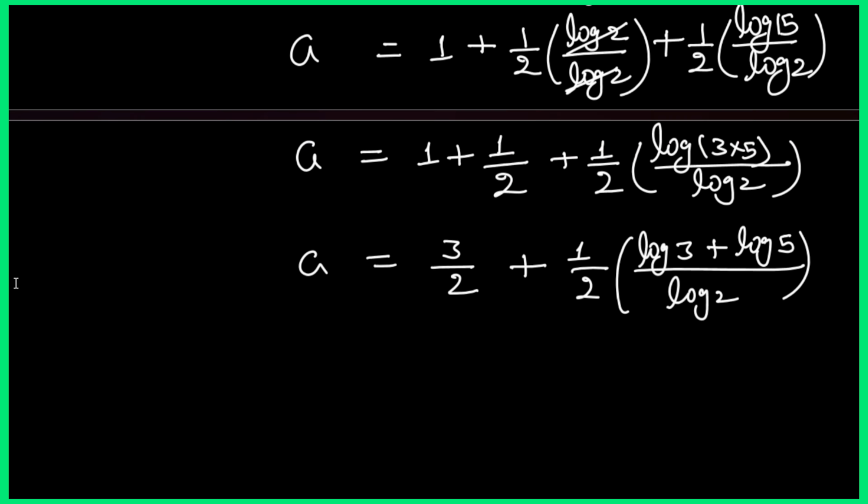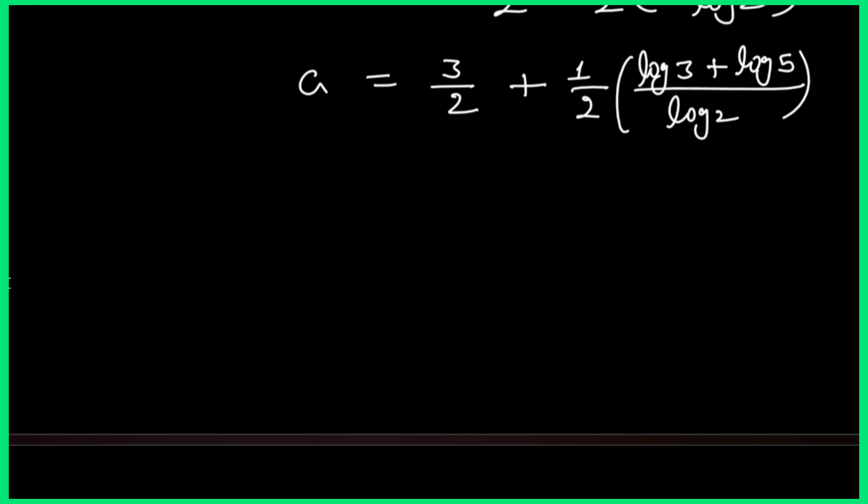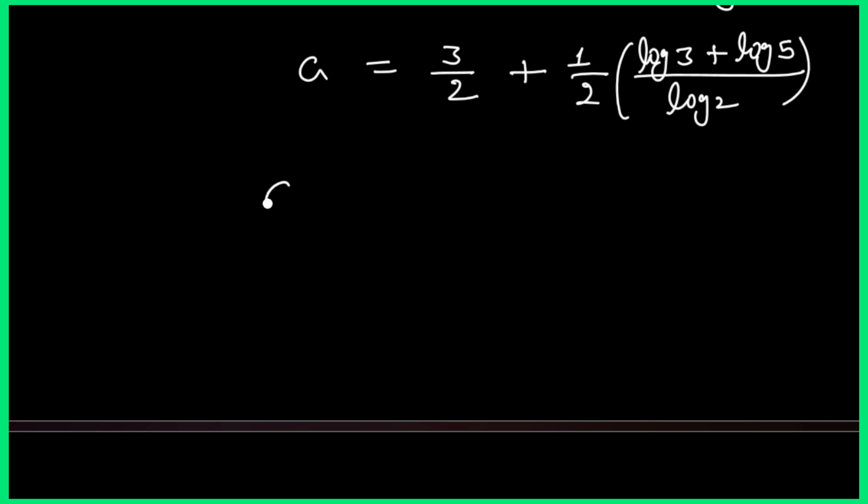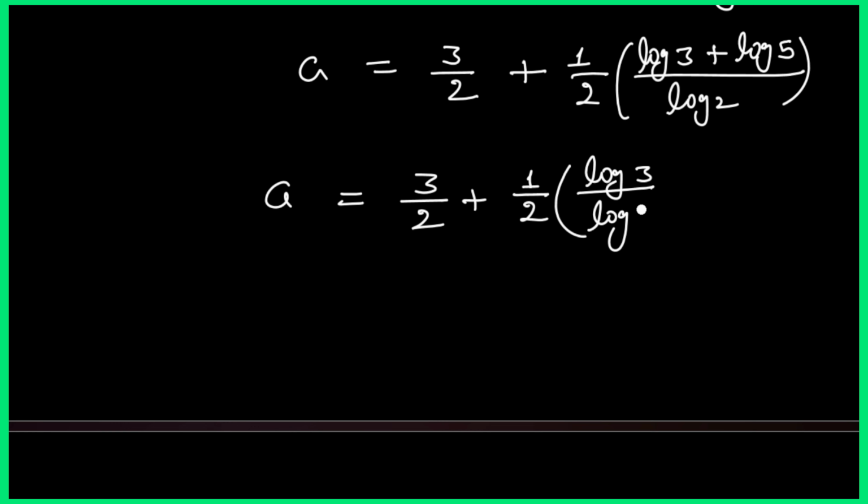So moving forward, a equals 3/2 plus 1/2 times (log 3 over log 2 plus log 5 over log 2).